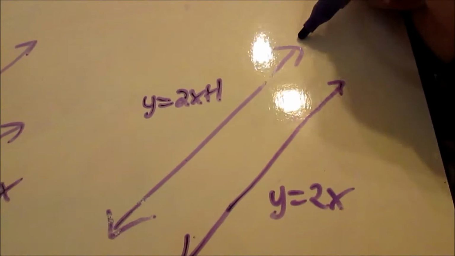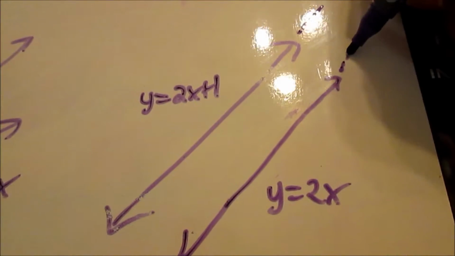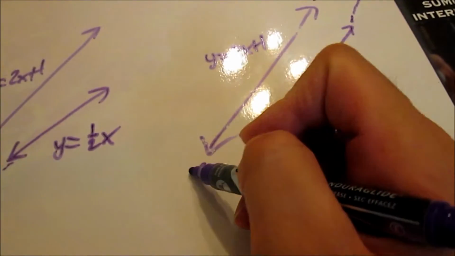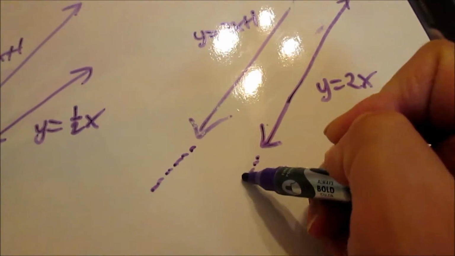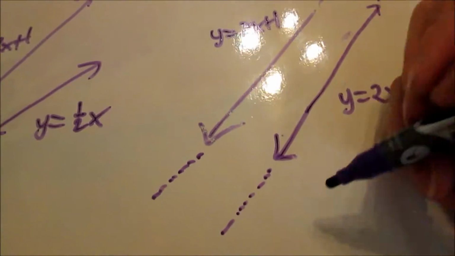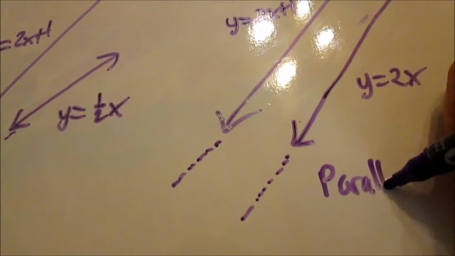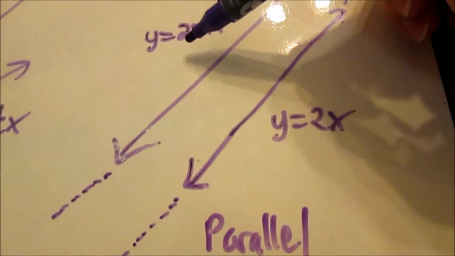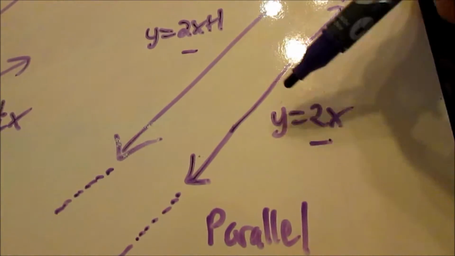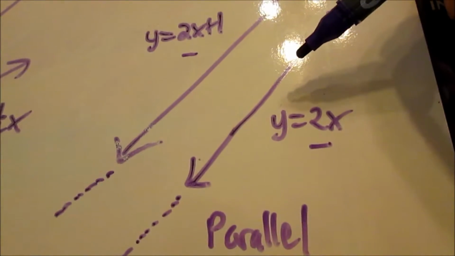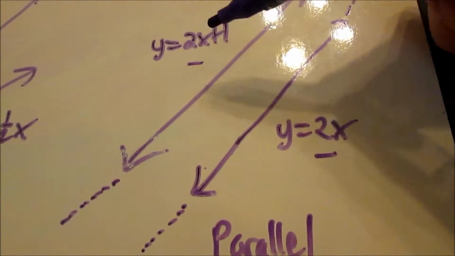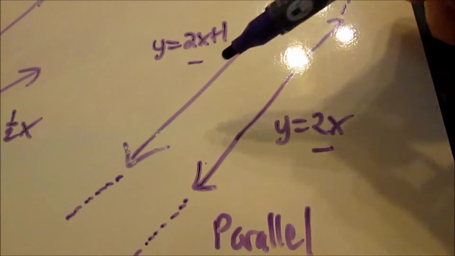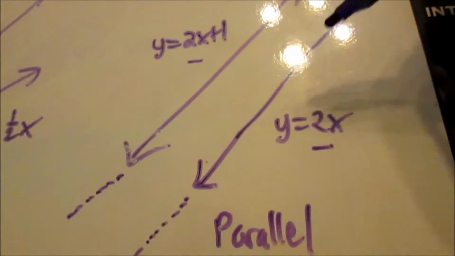So if I were to project the 2 lines out, because they are the same slope, they will never cross up here, nor will they ever cross down here. They are parallel. And what makes them parallel, looking at the math, is the slope. They both have a slope of 2. So that means they are the same slope, and the lines they make will be parallel.